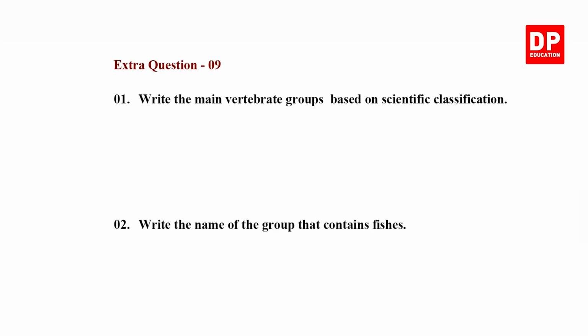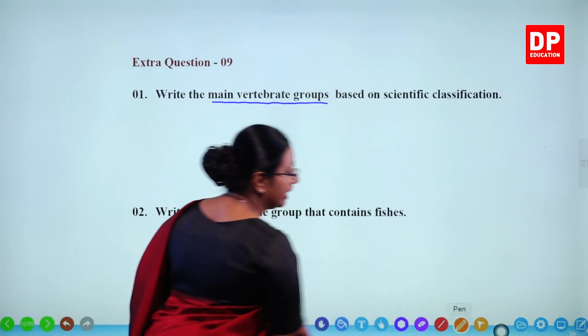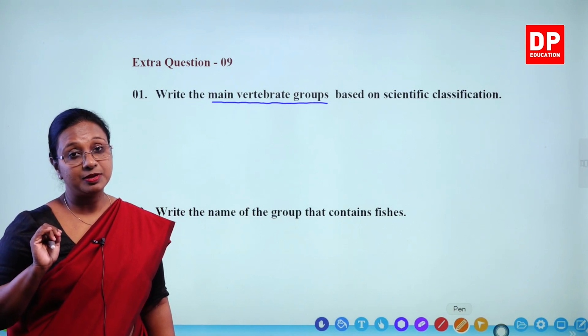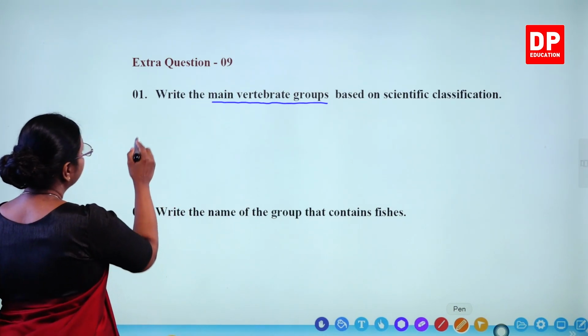Extra question 9. Write the main vertebrate groups based on scientific classification. So the main vertebrate groups. Animals with the vertebral column, you have to write the main vertebrate groups. I am sure you have already done it.